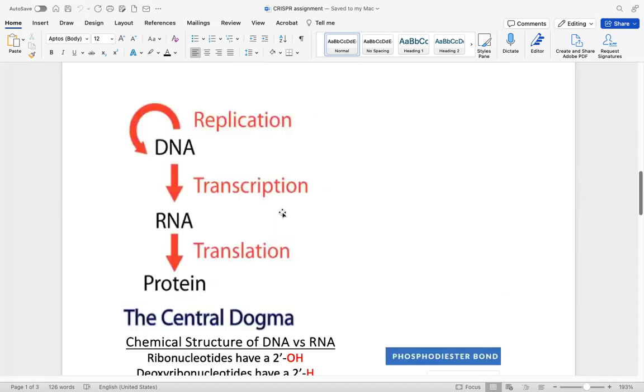Probably certain words that you have to know are about transcription. This is a very common process in the formation of protein. It starts with DNA, and then it is transcribed into messenger RNA that initiates the process of protein formation, any protein in our body.